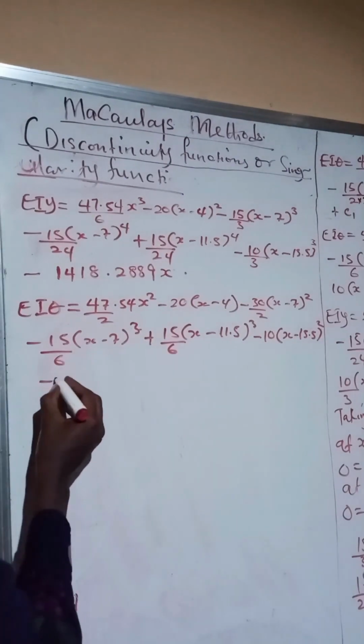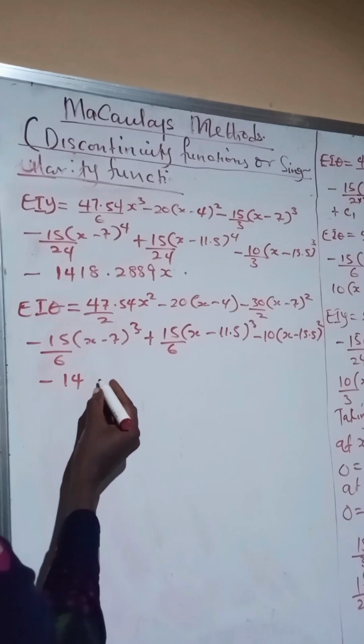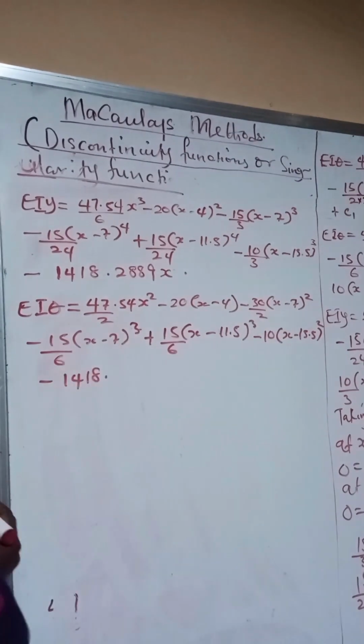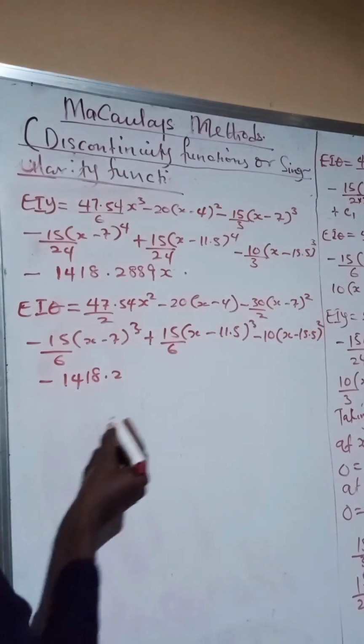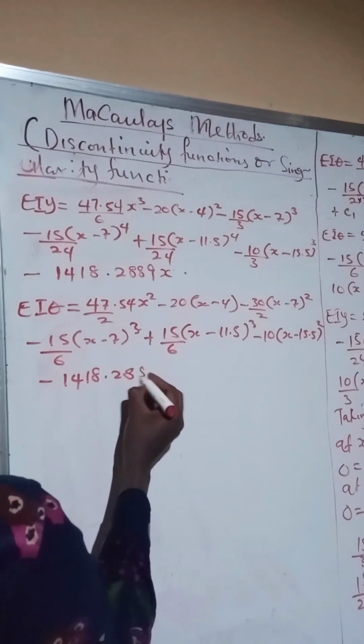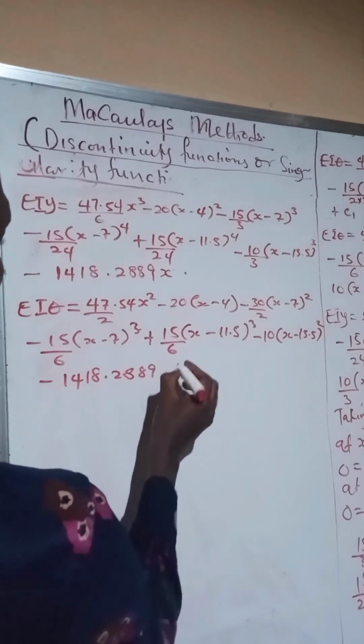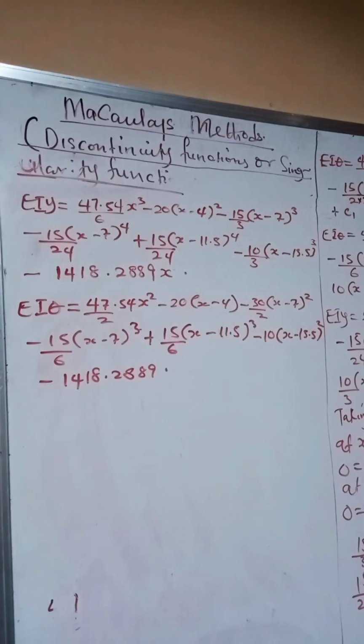Now C1 is minus 1418.288. So this becomes the value for the slope expression. So from now, we can get the deflection, the maximum deflection, as well as the slope at any point.